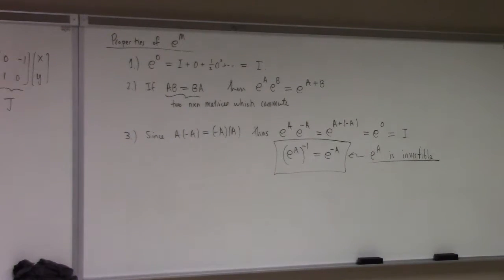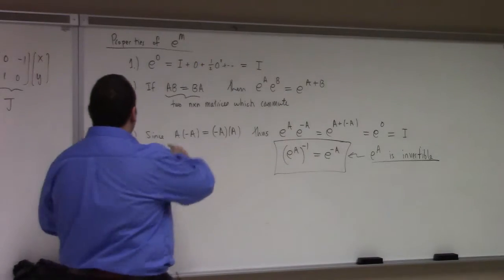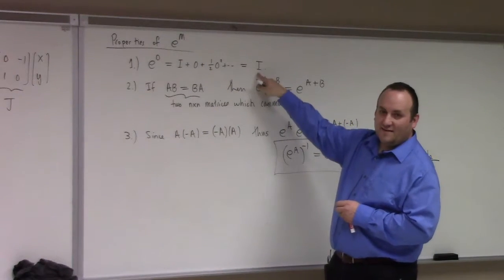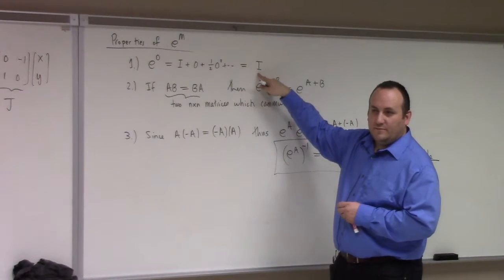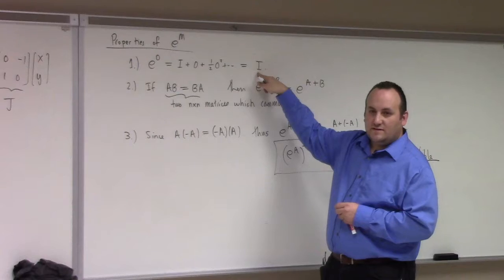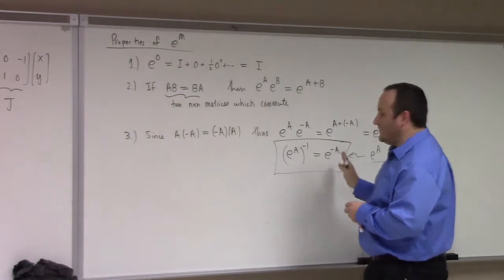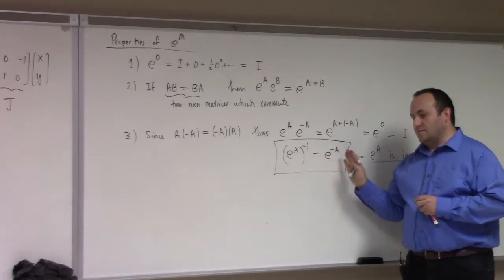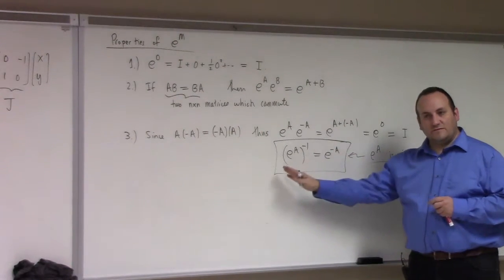Yes. It's hard to be more degenerate than the 0 matrix, right? Look at what the matrix exponential does to the 0 matrix. It turns the 0 matrix into the identity matrix. You can't get much better than that, right? So the matrix exponential always takes a matrix and makes it into an invertible matrix. That's really, really nice. That means that the columns of the matrix exponential are linearly independent.